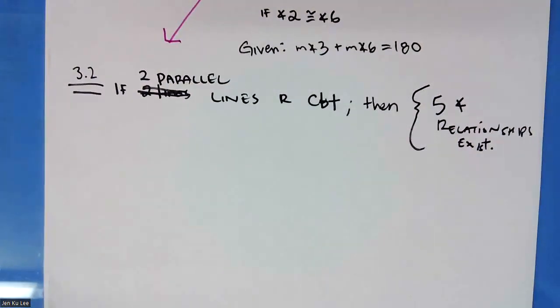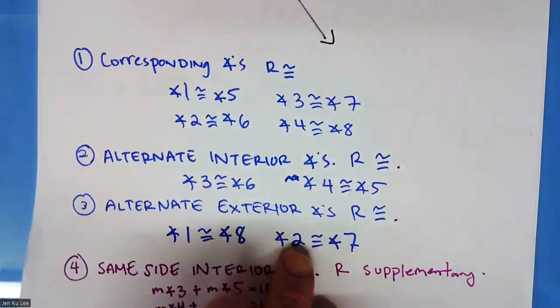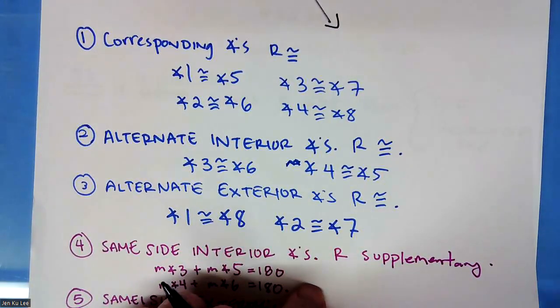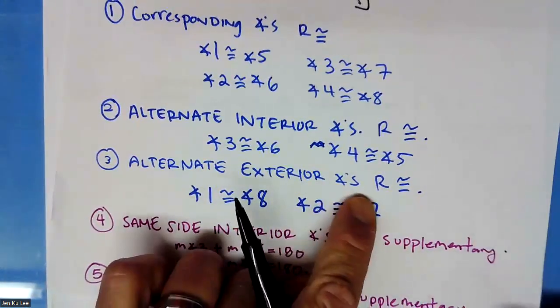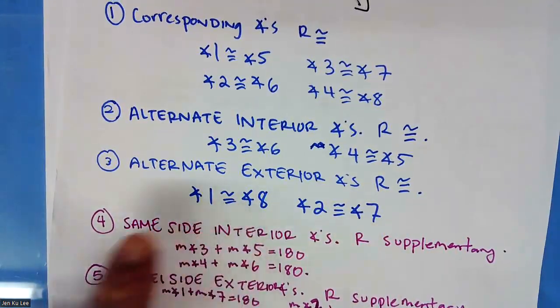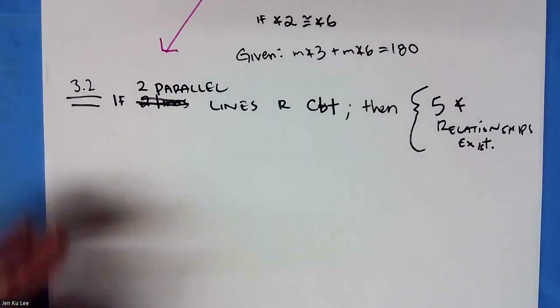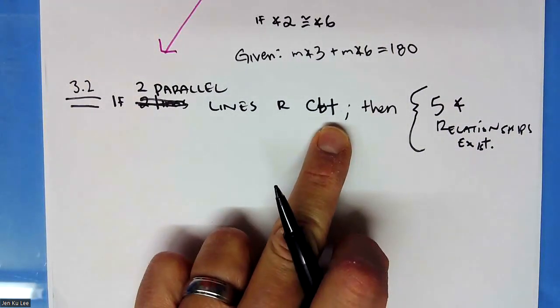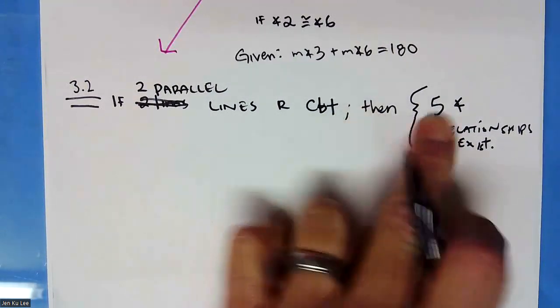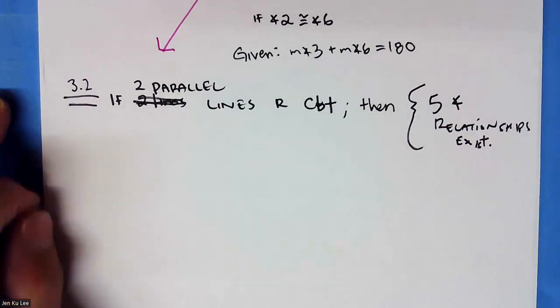Then I know corresponding angles are congruent, alternate interior angles are congruent, alternate exterior angles are congruent, and same side interior and same side exterior angles are supplementary. Okay, that was our thinking. If we have two parallel lines and they're cut by this transversal, then I know all the five, right?